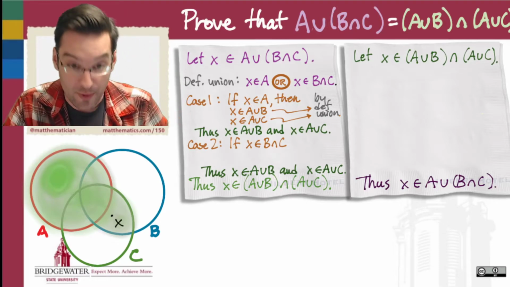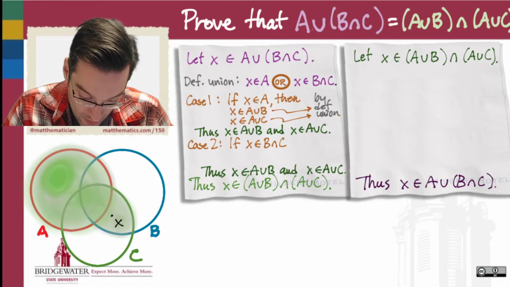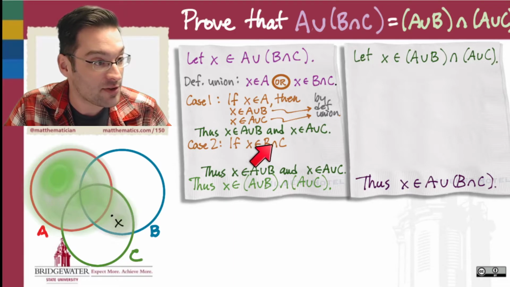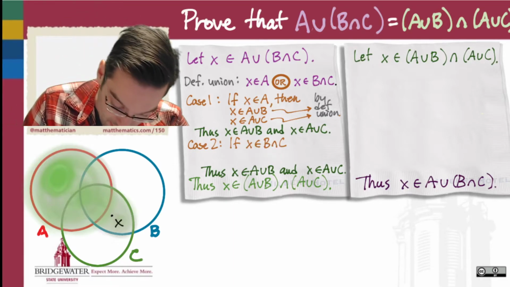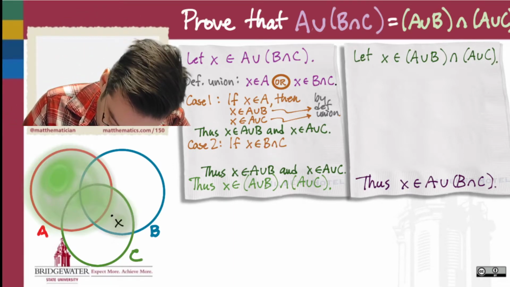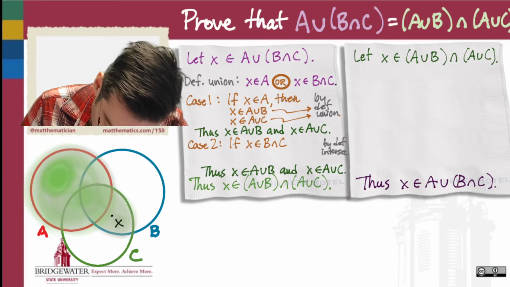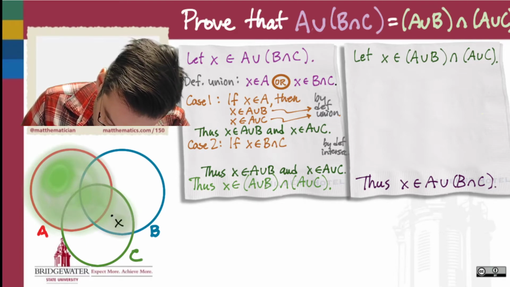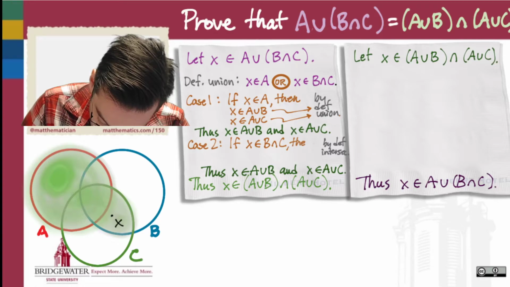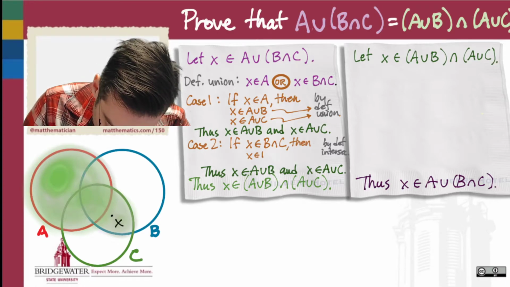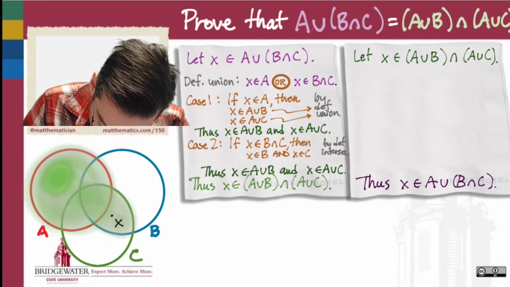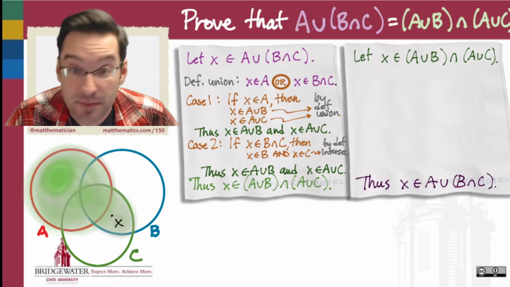So how am I going to know that? Well, X belongs to the intersection of B with C. What does that mean by the definition of intersection? It belongs to both B and C. Correct. We know X belongs to B, and also we know that X belongs to C. That's using the definition of intersection. Right?